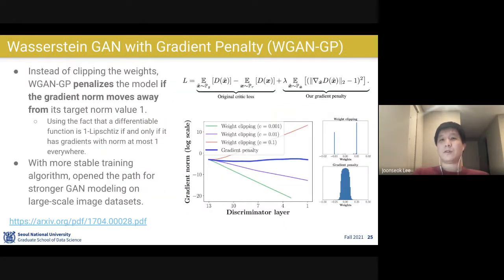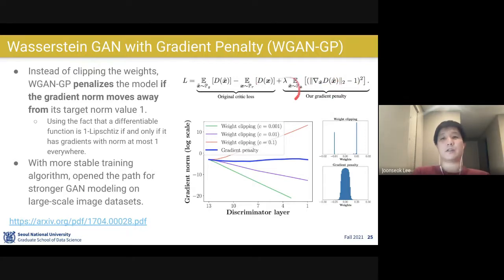So this model called Wasserstein GAN with gradient penalty, or WGAN-GP, applies a really simple idea to solve that problem. Instead of clipping, they just added an additional gradient penalty term so that the gradient norm needs to stay around 1.